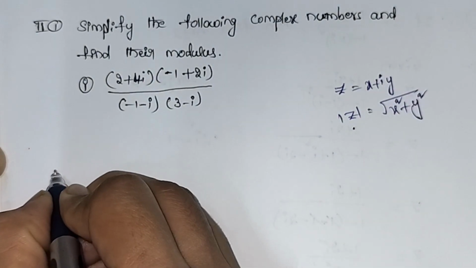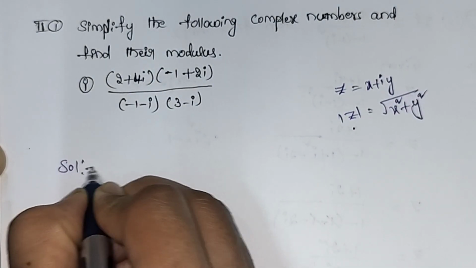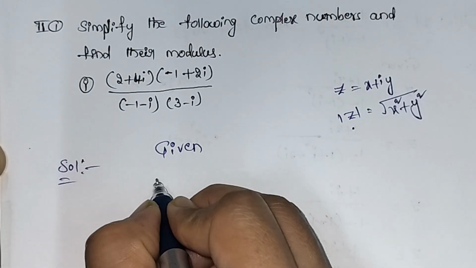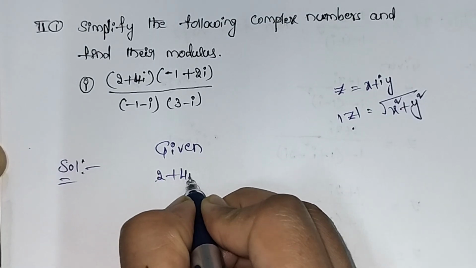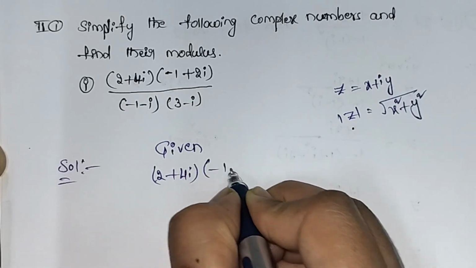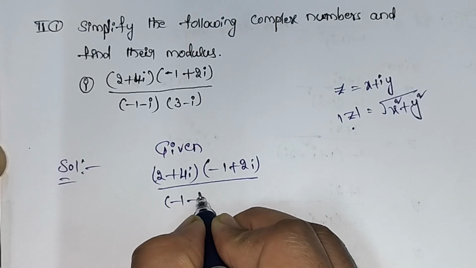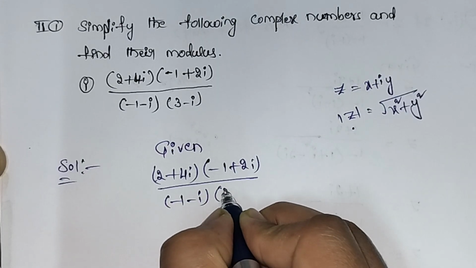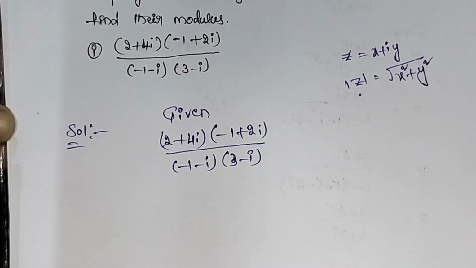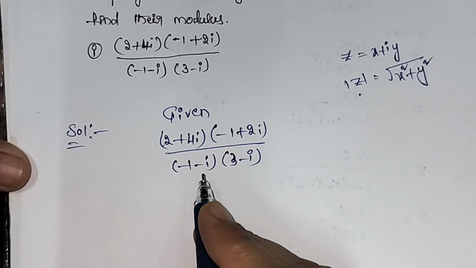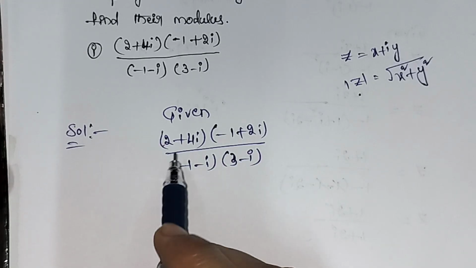Solution: given (2 plus 4i) into (minus 1 plus 2i) by (minus 1 minus i) into (3 minus i). Multiply these terms and simplify, then we can find the modulus value.